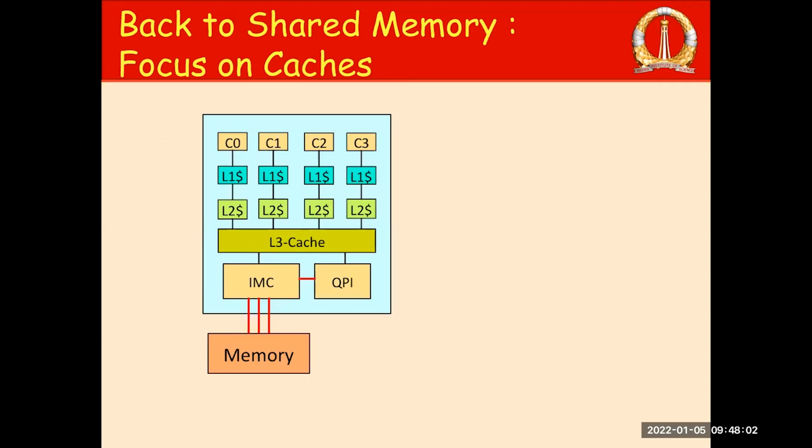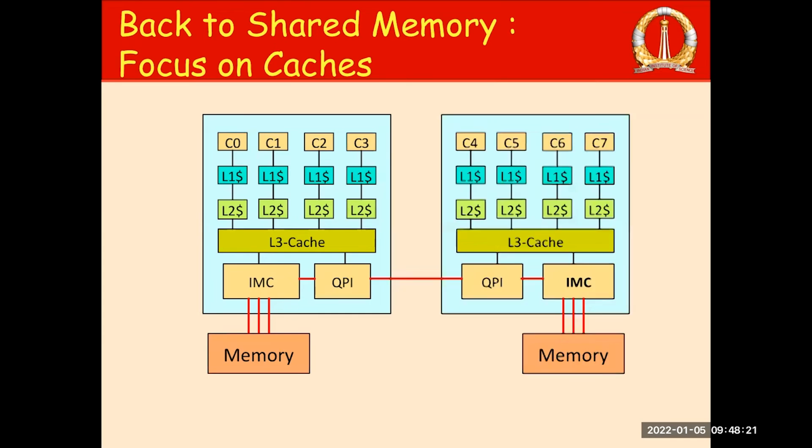Once again, let's look at the shared memory architectures and how these are implemented using multi-core processors, whether you have the notion of a distributed shared memory or a centralized shared memory. Here is an example of a centralized shared memory. Here is an example of a distributed shared memory. In both cases, each processor has its own set of private caches, right?